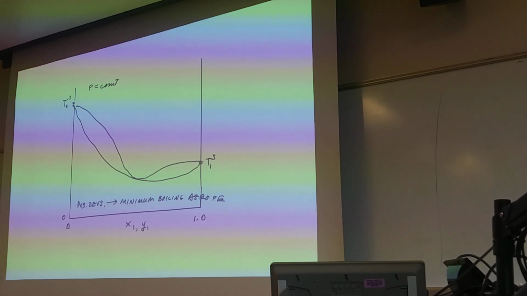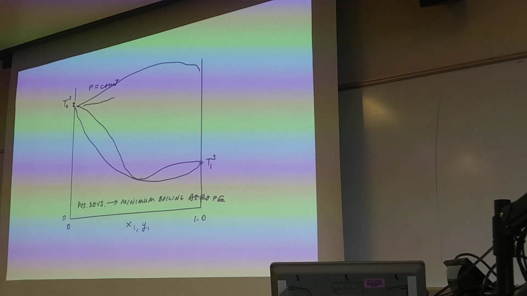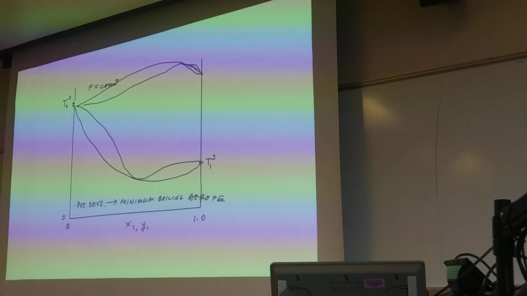And there are a lot of them. The opposite is where it could draw, in fact, I'll leave this as an exercise. You could draw all of these curves for negative deviations as well, but an example would be, let me show one here. Oh boy, bad drawing. But this would be a maximum boiling azeotrope.